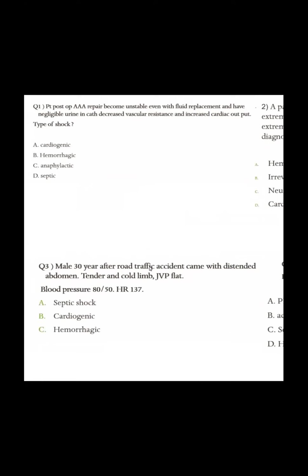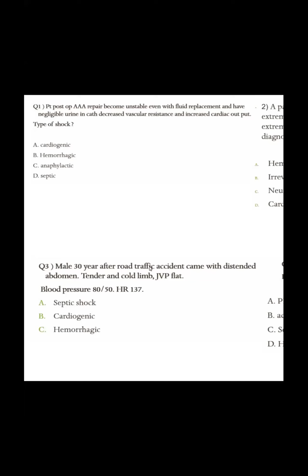Patient post-operation abdominal aorta repair becomes unstable even with fluid replacement and has negligible urine in the catheter, decreased vascular resistance, and increased cardiac output. Cardiac output increased, so it's not cardiogenic shock, and urine output decreased.